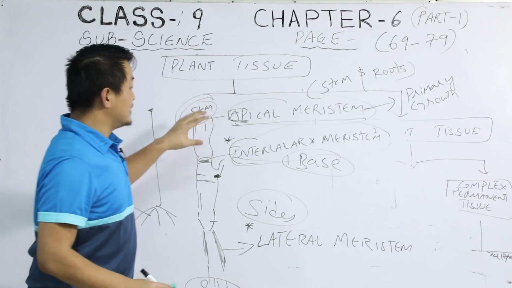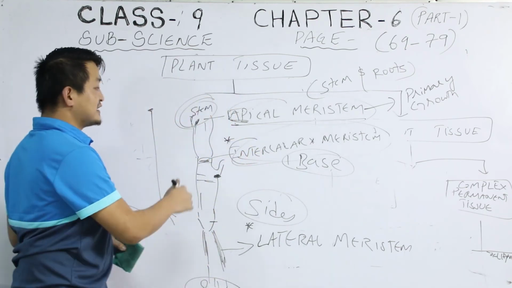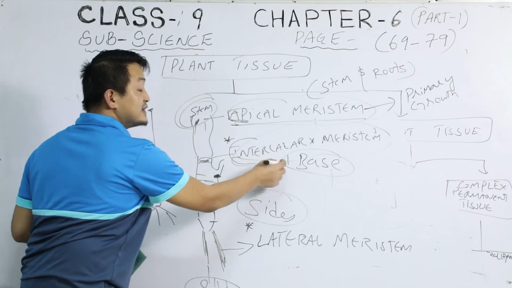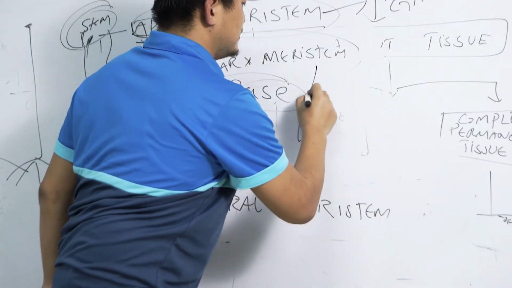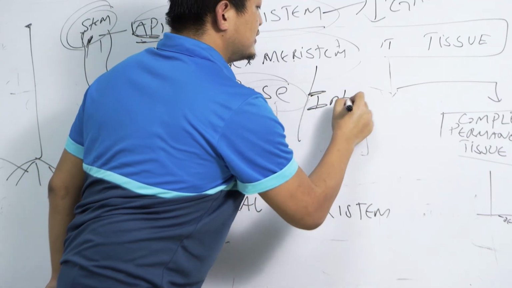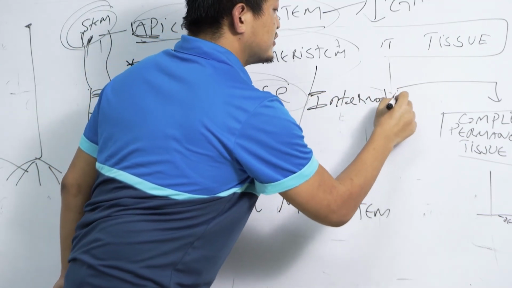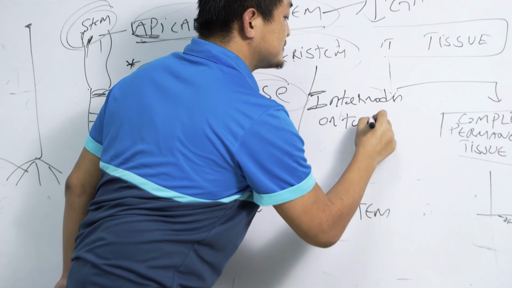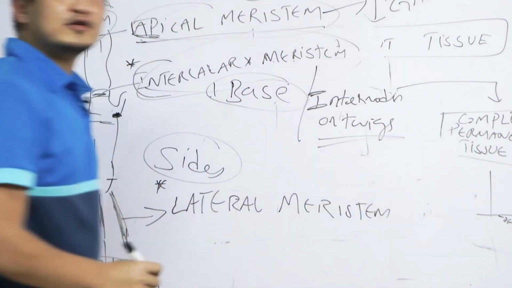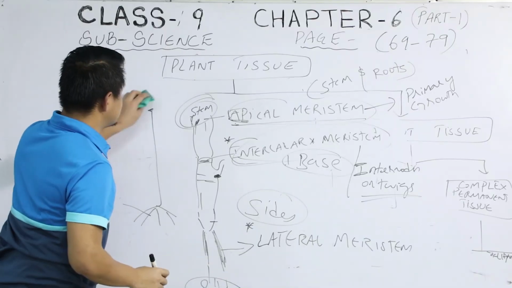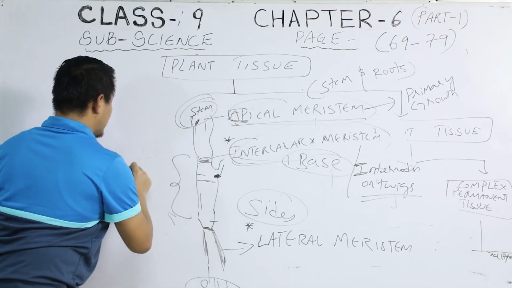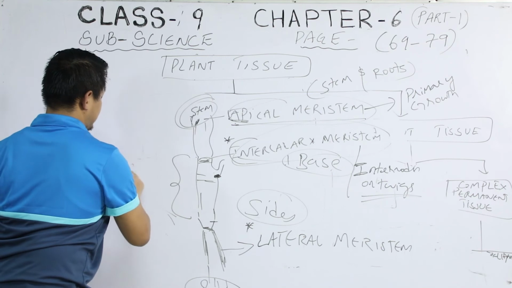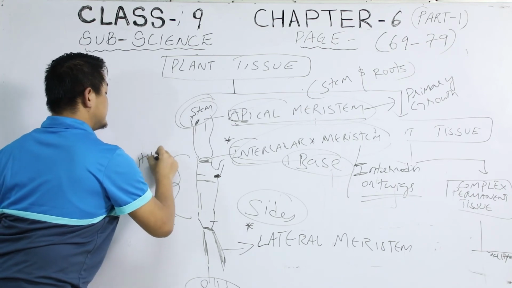Intercalary, we are discussing the base of the leaf, or you'll find this one on the internodes on twigs. Clear? See students, this part is known as the internode.